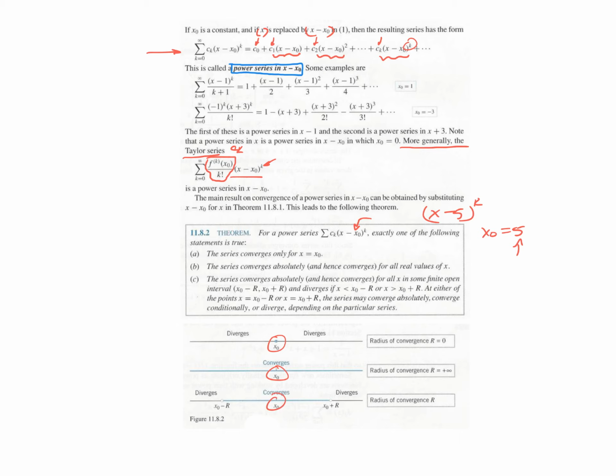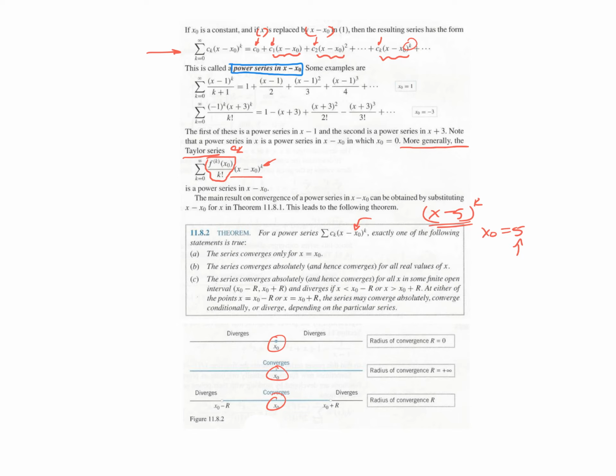So you could think of power series in x as x minus x sub 0, where x sub 0 is fixed at 0, but then you're saying 0 a lot. So here, since you have this binomial form for the variable part, the constant is the center of your convergence radius.